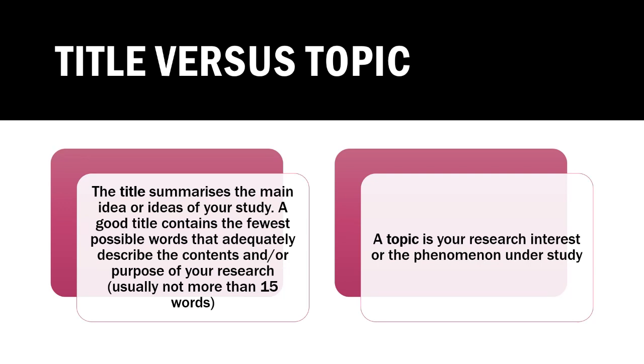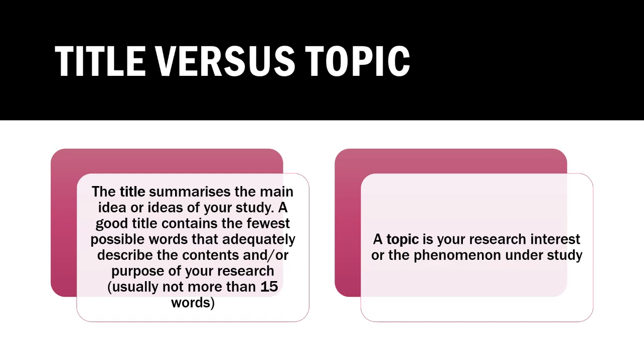So in a master's study, you might have had a title, the lived experience of postgraduate students doing a master's dissertation. And now a title in a doctoral thesis, if it foreshadows your contribution, could be strategies towards supporting postgraduate students, or a framework to support postgraduate students.